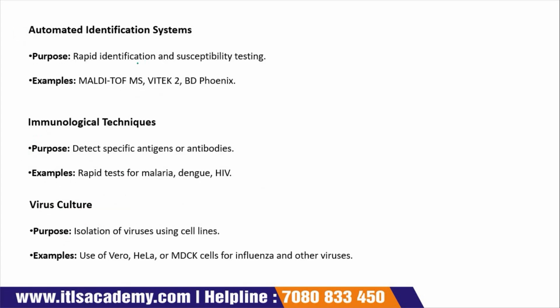Automatic identification techniques are for very rapid identification and susceptibility testing, for example MALDI-TOF MS, VITEK 2 and BD Phoenix. Immunological detection is for detecting the specific antigen or antibody, for example rapid tests for malaria, dengue or HIV.